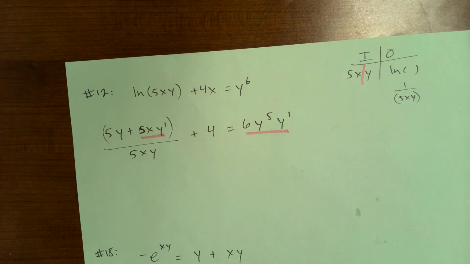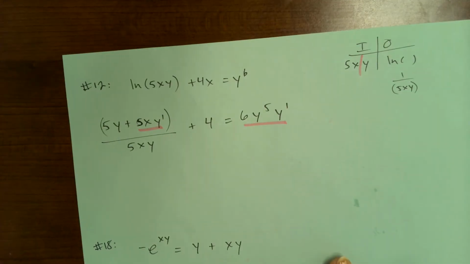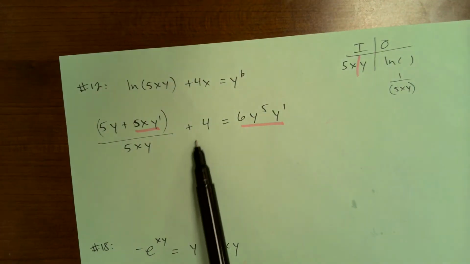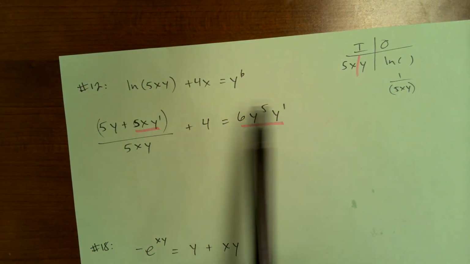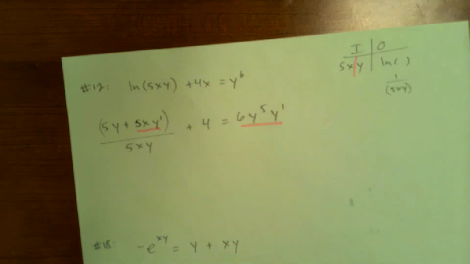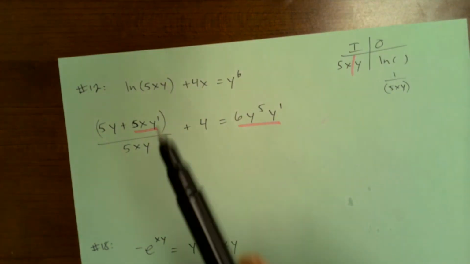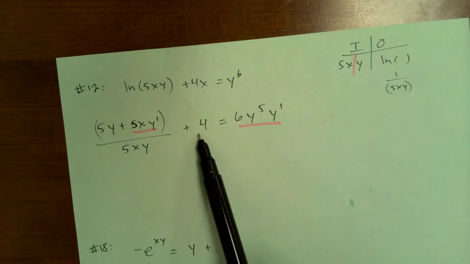I think what is probably the best thing to do, let me think. I mean, there's a few ways you could handle this. I'm gonna subtract this 4 from both sides, and then I will be able to cross multiply.